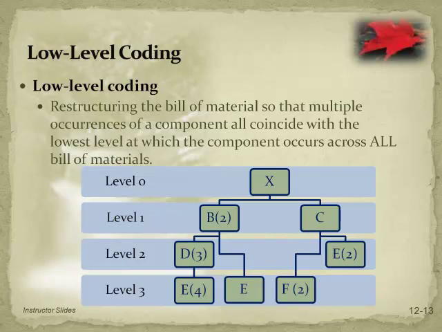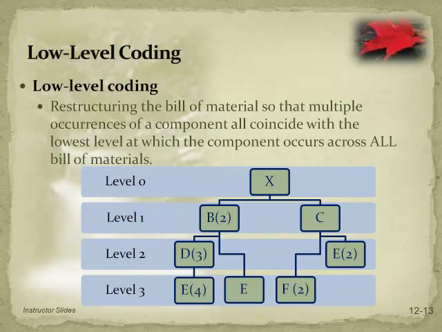So each level that we go down in the bill of material or the product structure tree, the low level code increases. Now, let's take a look at the diagram, and let's look especially for part E. If you look at part E, you'll see that part E occurs 3 different places. We have part E that is needed to make part C, and we also have part E that's needed to make part D and B as well.